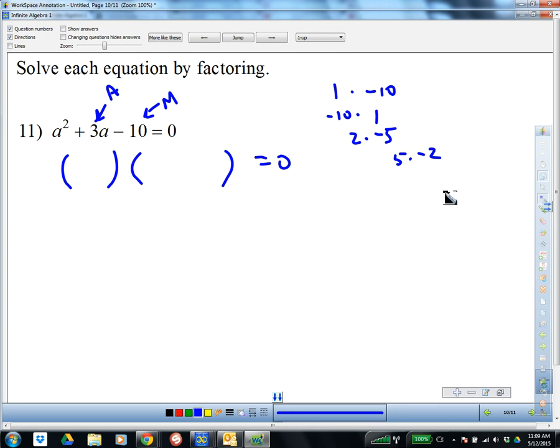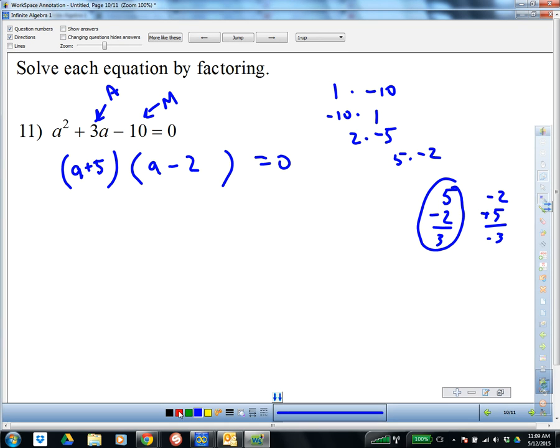So do I want 5 minus 2 in order to get 3, or do I want negative 2 plus 5? This gives me negative 3. This gives me positive 3. So I want positive 3. I want this combo right here, so that means positive 5, negative 2. So I'm going to write it like this: a plus 5 and a minus 2.